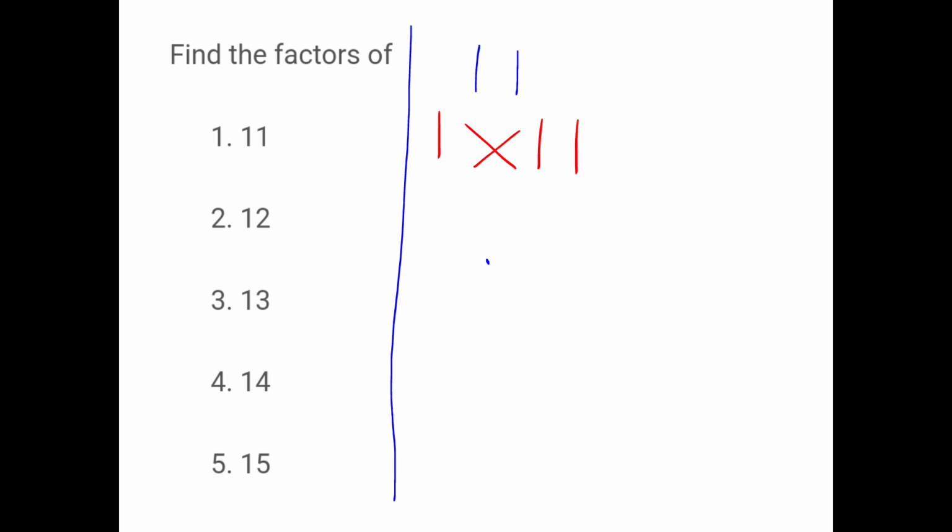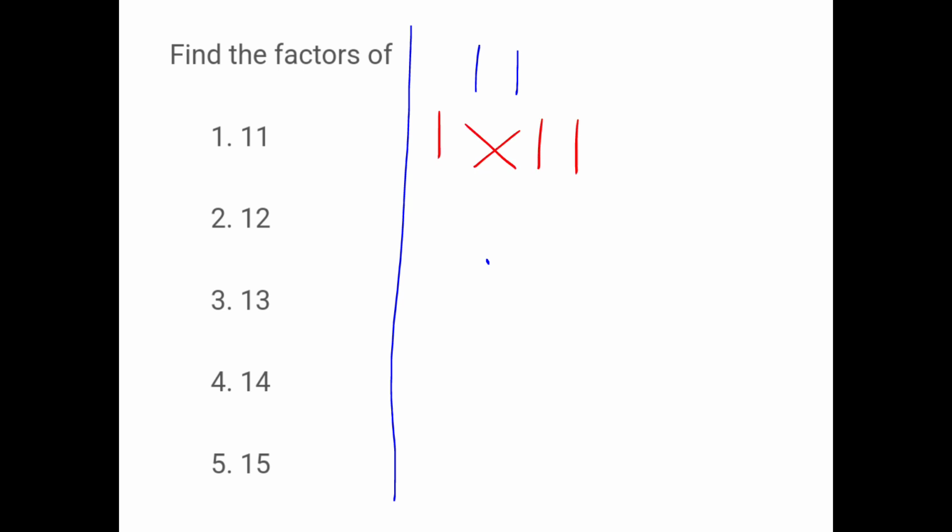So now we have an instruction to find the factors of these numbers 11, 12, 13, 14, and 15. To start with, factors of 11. So let's try to express 11 before we list out the factors. We have what? 1 times 11. Very good.